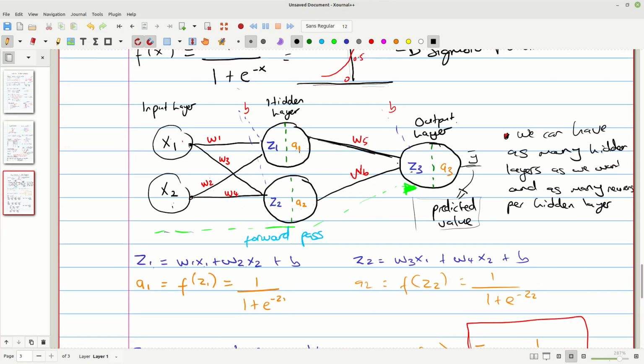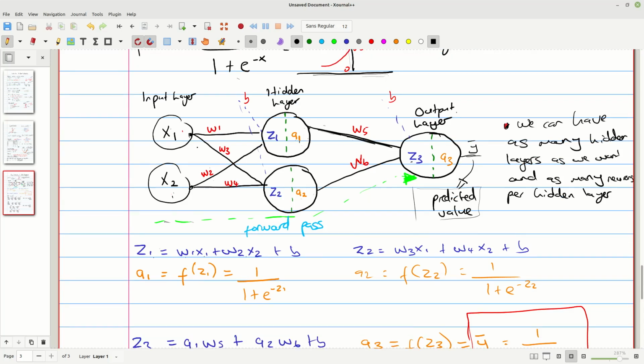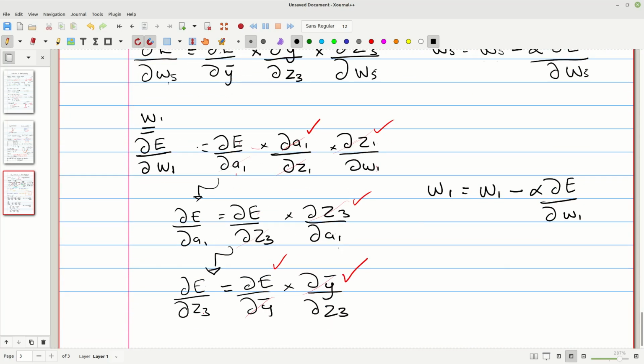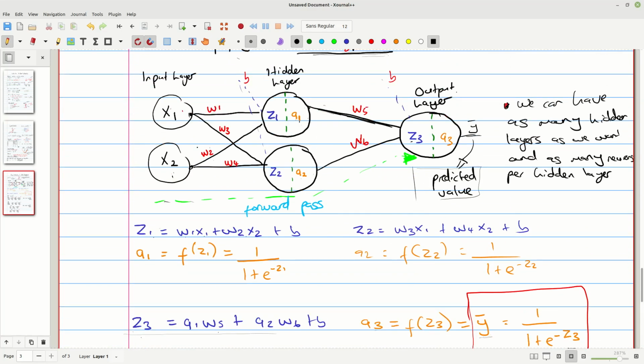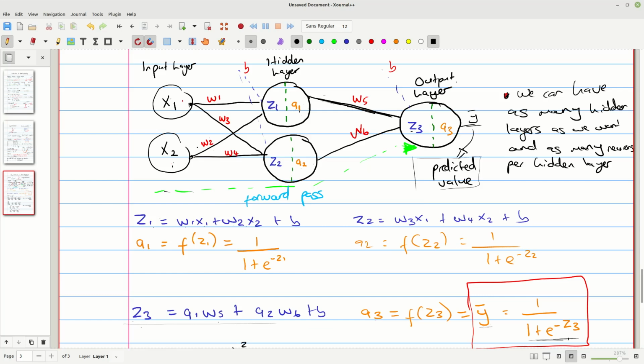As you can see, this is how we can update w5, we can update w1, and so on. This is just to prepare you for what's to come, because this already comes with its own set of problems. The more layers and neurons we have when building these networks, we start having problems called exploding gradients, vanishing gradients, and so on.